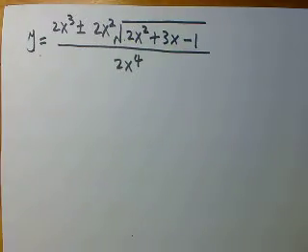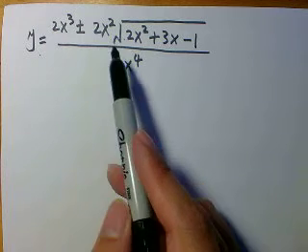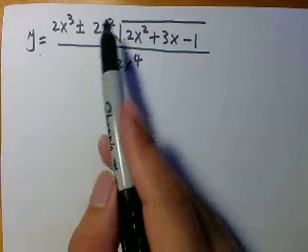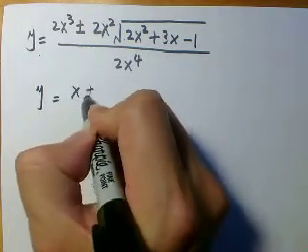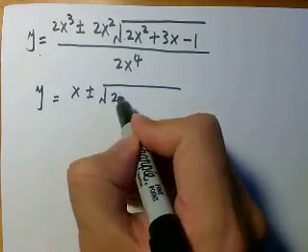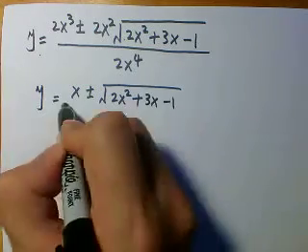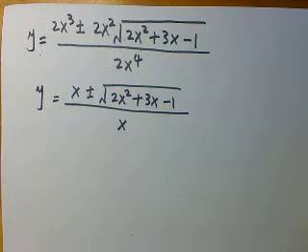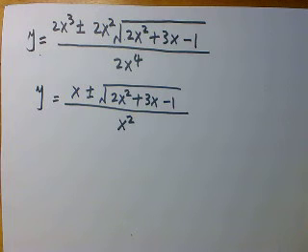Okay, so now we can let the numerator and the denominator both be divided by 2x squared. So we're going to get x plus or minus the square root of 2x squared plus 3x minus 1, over x squared.